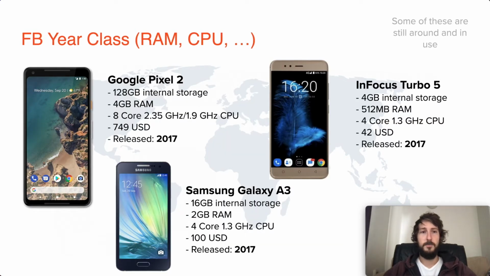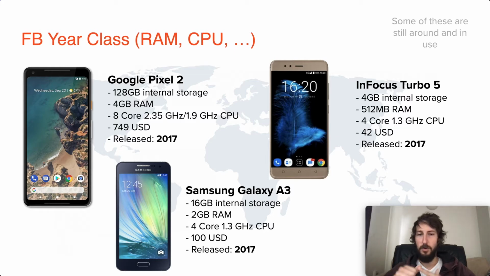If we move forward, there is also another problem. Even if devices got released in the same year, they might not have the same specification. So if we look at these 3 devices over here, they all got released in 2017 for different prices, some cheaper, some more expensive. But what really makes the difference, considering that the operating system is actually the same, is their specification.